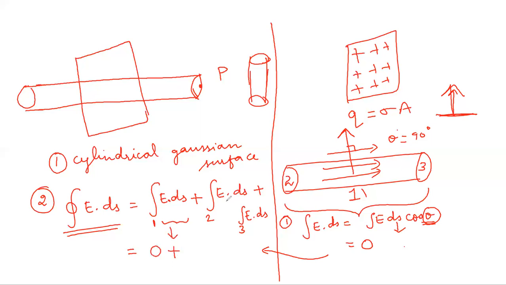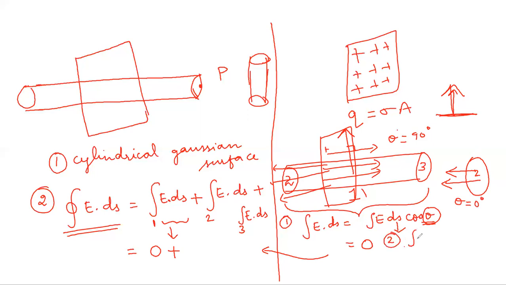Plus, let's see for surface 2. This is my surface 2, and here is the plane sheet, and the electric field due to this is directed like this. What about my area vector? If I draw here, this is the normal and the electric field is in this direction. So theta is equal to 0 degree. So for surface 2, it will be the integral of E ds cos 0, that is nothing but the integral of E ds.